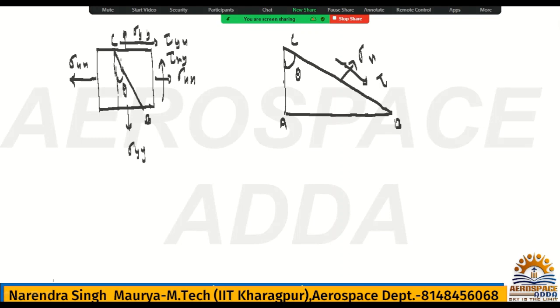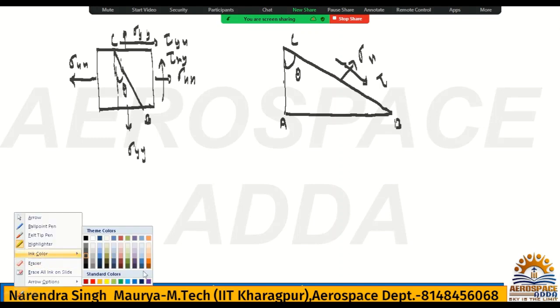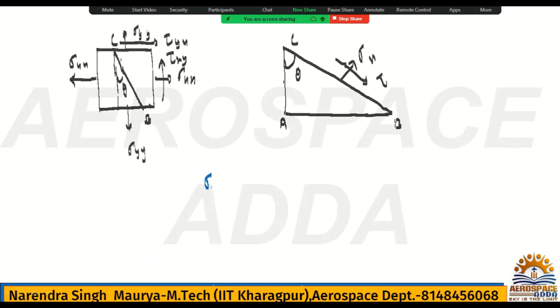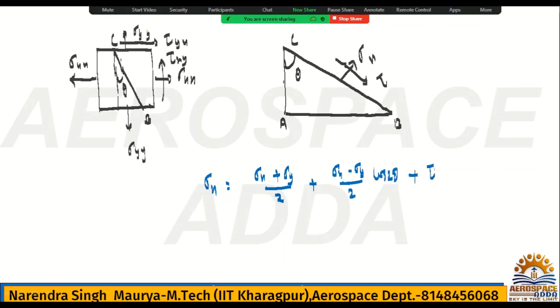Okay. So here, whatever formula you have written, sigma n means normal stress, and this normal stress you have written as sigma n is equal to (sigma x plus sigma y) divided by 2, plus (sigma x minus sigma y) divided by 2 times cos 2 theta, plus shear stress tau xy sin 2 theta.